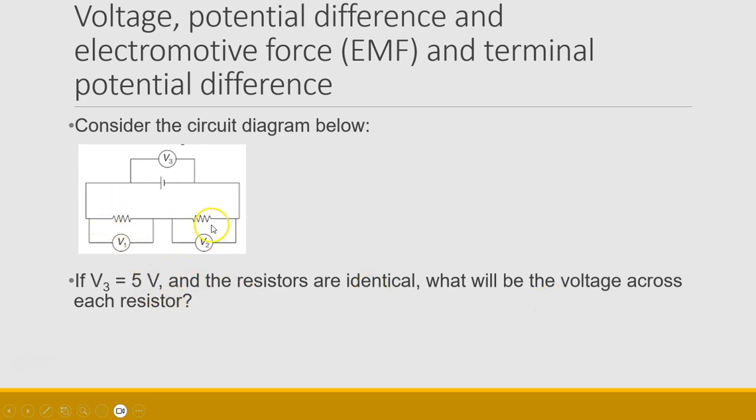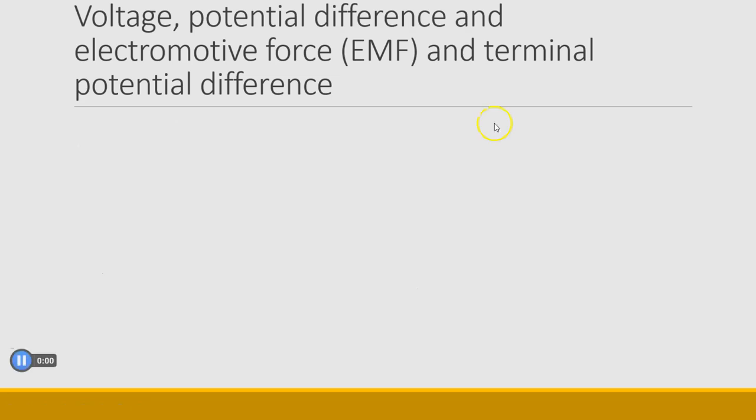Remember, these resistors are obstacle courses, and because both of these obstacle courses are identical, the electrons will divide their 5 volts of energy equally among these 2 obstacle courses. So the answer is 2.5 volts across each resistor.